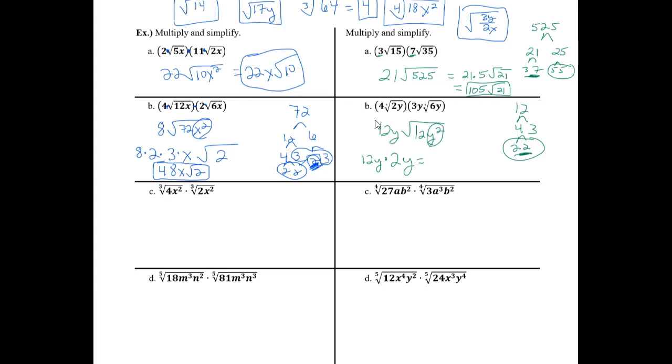So anything that's left underneath the radical is just that 3. Simplify a little bit further. 12y times 2y is 24y squared times the square root of 3 still. And that should be as far as we can go.